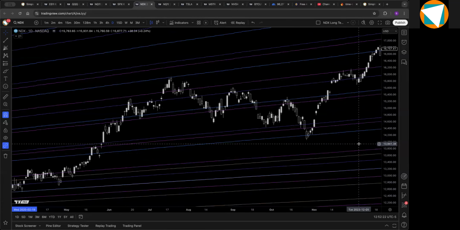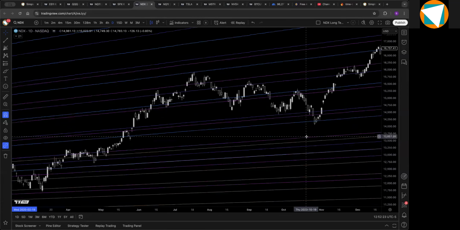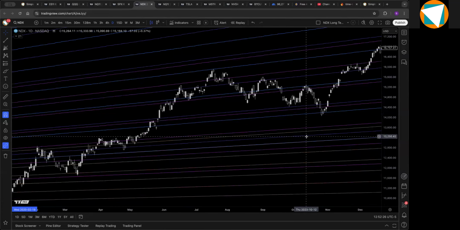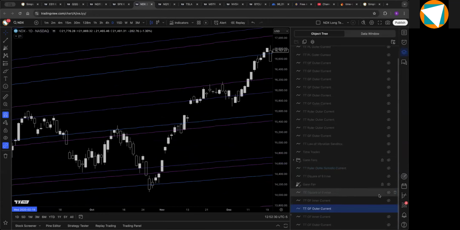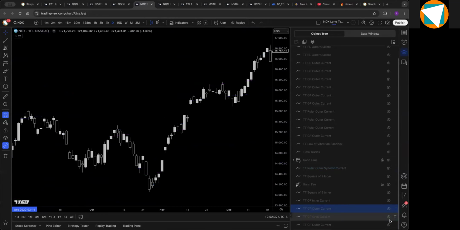So that's a great example of how these lines provide super strong guardrails on price. Okay, so that's just two examples there.